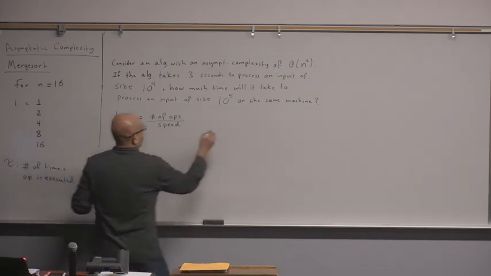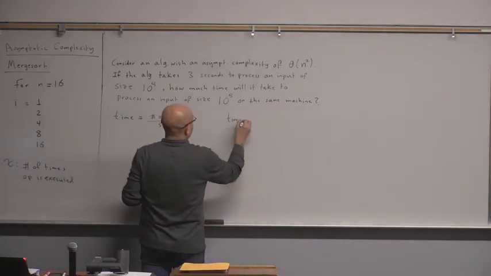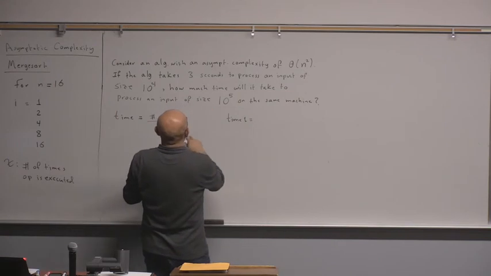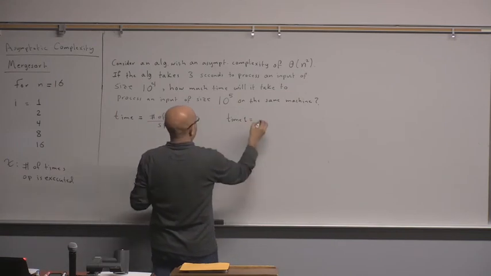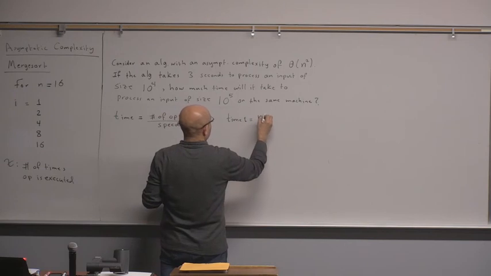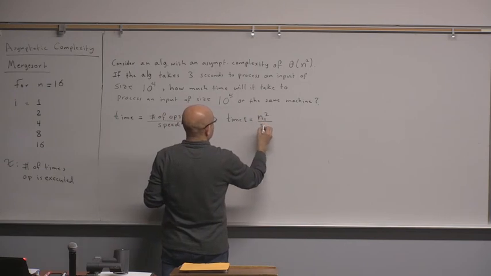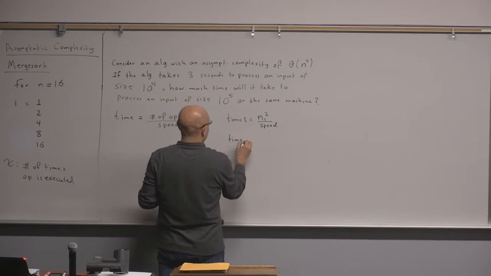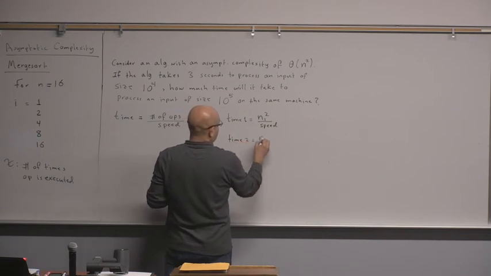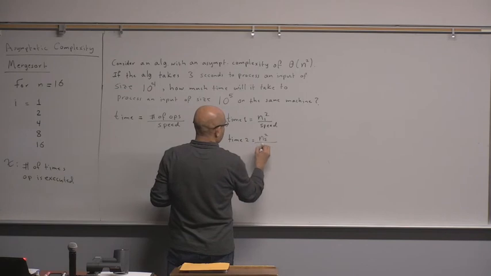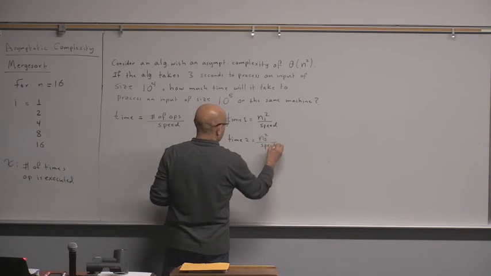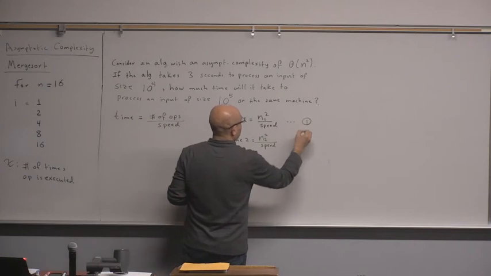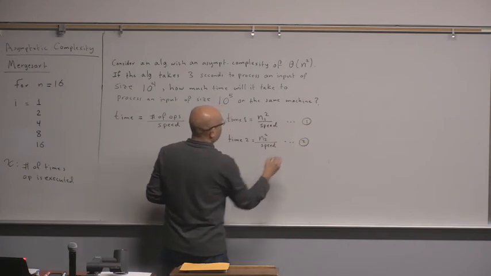So we can say that time 1 equals n1 squared divided by speed, and time 2 equals n2 squared by speed. This is equation 1. This is equation 2.